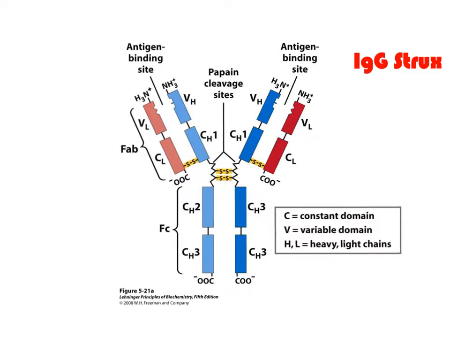First of all, these are huge. They are not the little tiny things that many times are imagined. If you notice, there are these V's and C's, and an L and an H subscript. The C stands for the constant domain, which is just like the name implies.